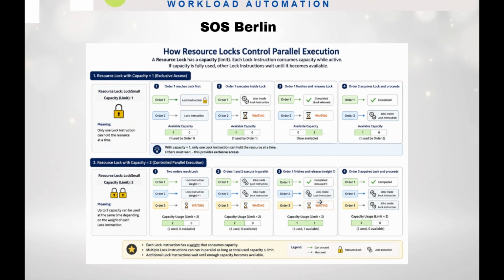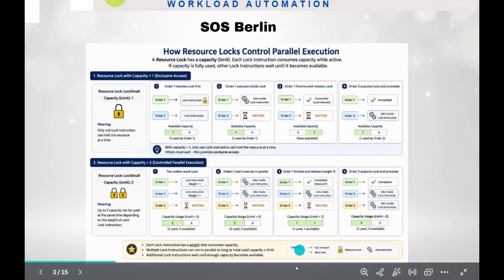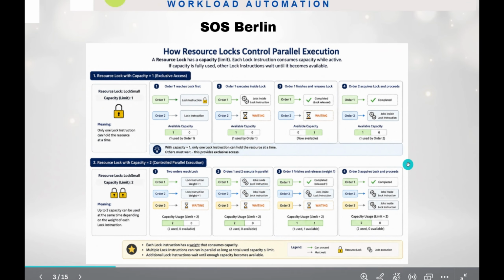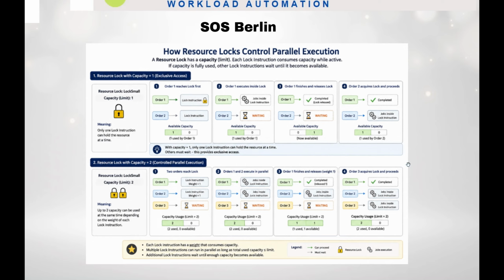Let's first look at the simplest case, a resource lock with a capacity of 1. Suppose we have two orders, order 1 and order 2. Both orders use the same resource lock. Order 1 reaches the lock instruction first and acquires the available capacity. Order 1 can now execute the job inside the lock instruction.